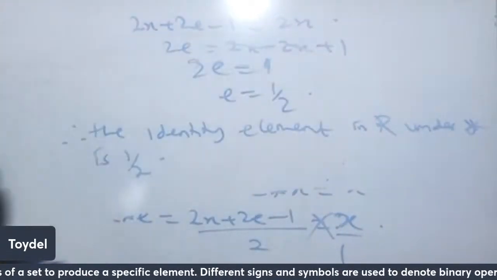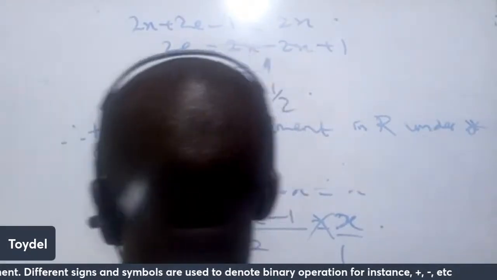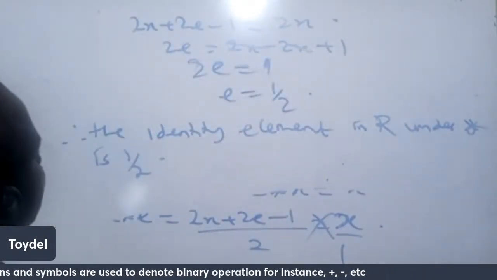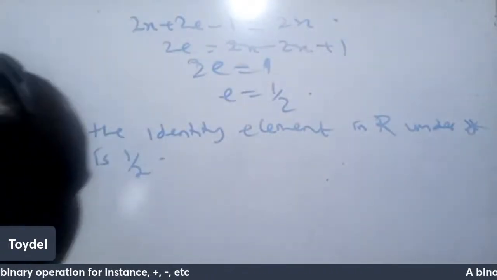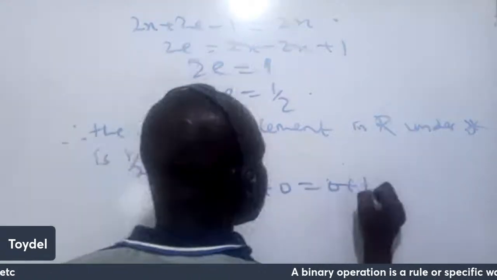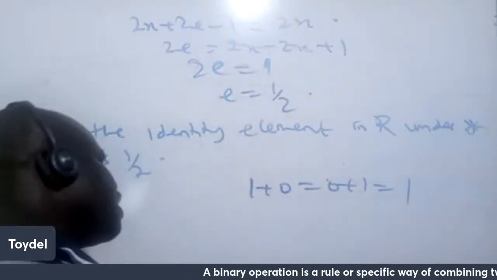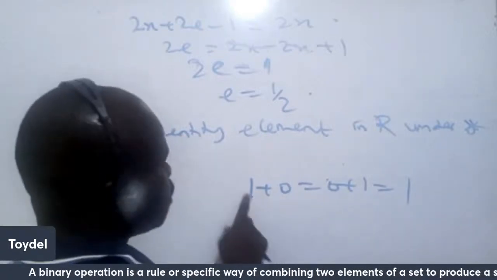Then I will introduce the last property under binary operations, and that is called the inverse element. Of course, I said under addition that the identity element is 0. Then what will be the inverse element? The inverse element will be the negative of what you are given.